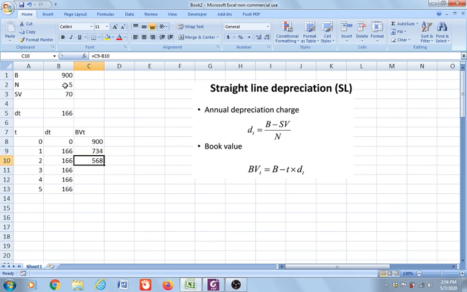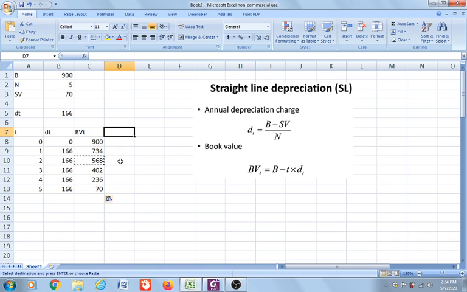Because we use Excel, we can copy everything down and paste. See, this is the depreciation schedule of this asset when we use the straight line depreciation method. And you see that at the end of its life, year 5, the book value of the asset equals the salvage value of the asset.